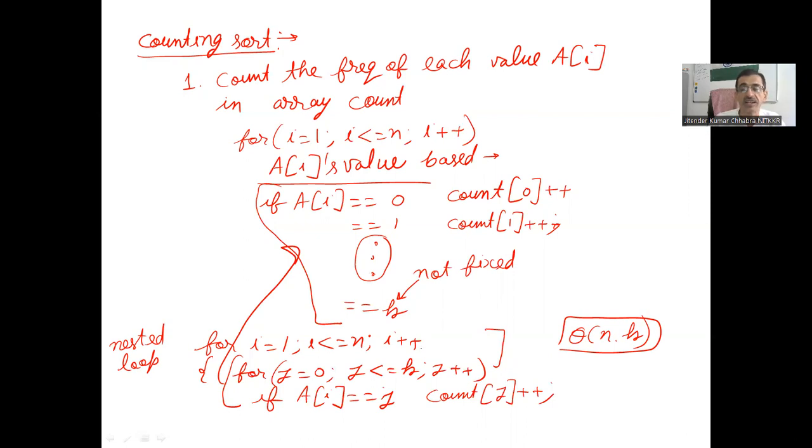So the lesson here is, the first time you are not able to think how to do this without having a second loop. Actually, it is possible. If you observe carefully, what you need is, if ai equal to 0, you have count 0 plus plus. If ai equal to 1, count 1 plus plus.